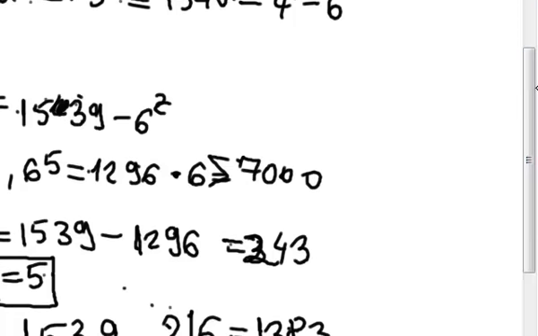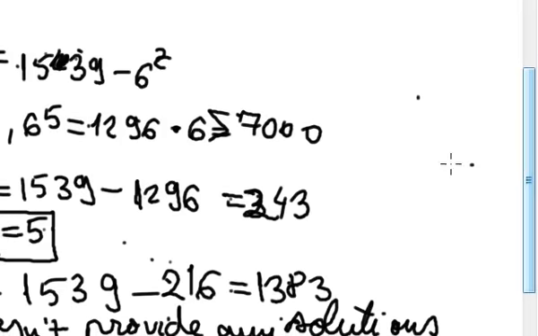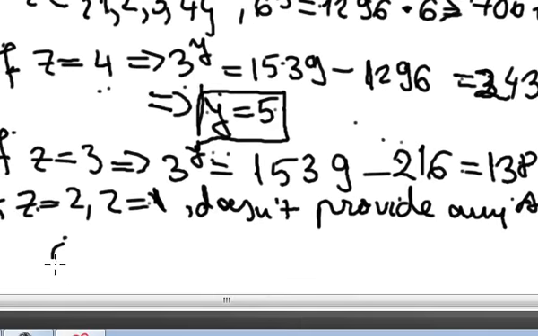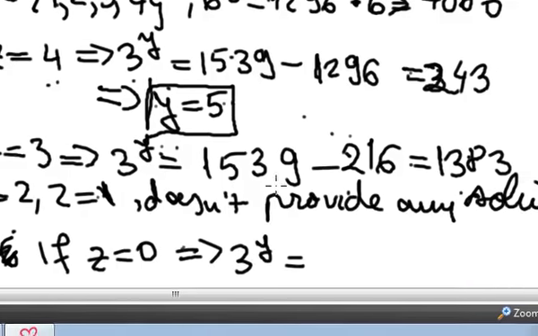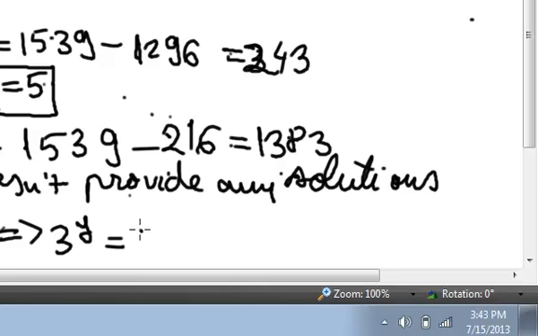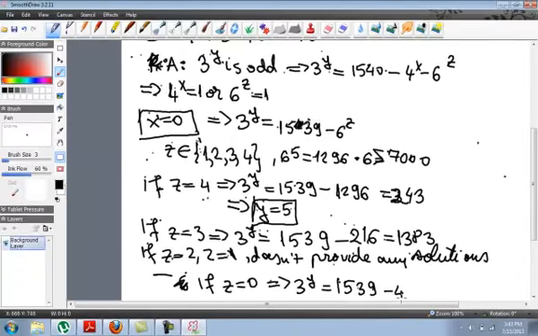But if z equals 0, so in the second case, if z equals 0, we deduce that 3 to the y power equals 1539 minus 4 to the x power.